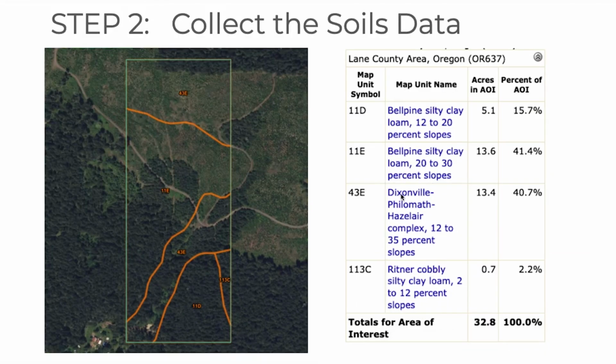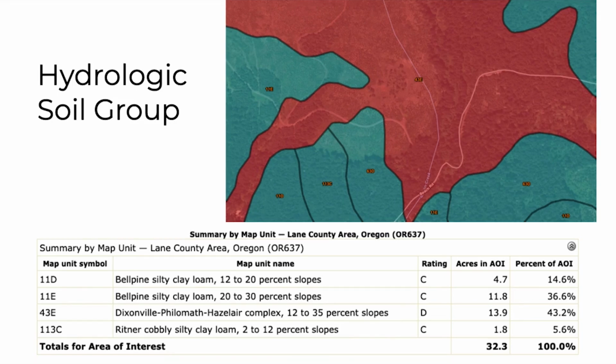The next set of data that we want to collect from the soil survey is our hydrologic soil group. Now, these are ratings A through D, and they speak to the rate of water infiltration from different types of soils, with A being the fastest rates of water infiltration, to D being the slowest.